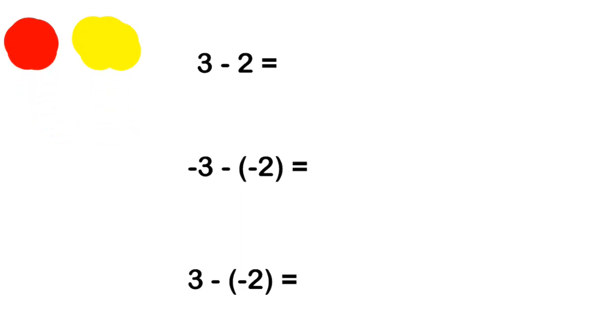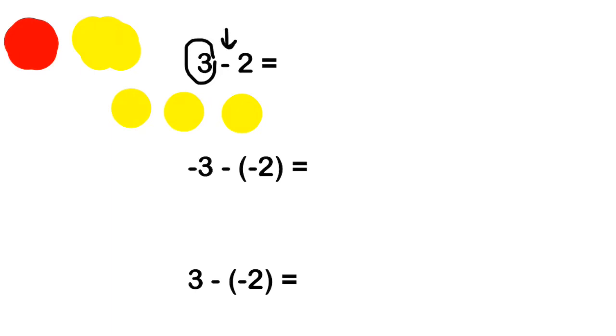So when I'm doing subtraction, I am going to start by putting out the first number in my subtraction problem. So this first number is a positive 3. So I'm going to put out 3 yellow or 3 positive counters. This is not a negative sign.